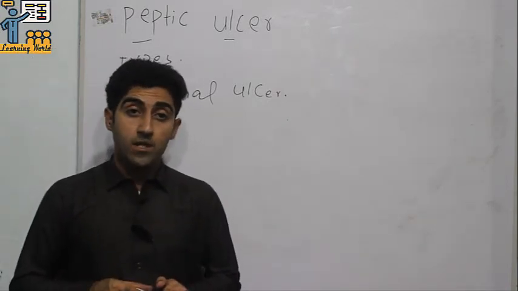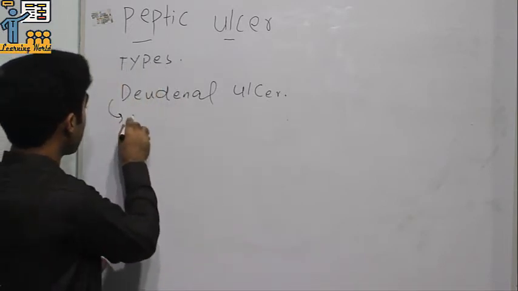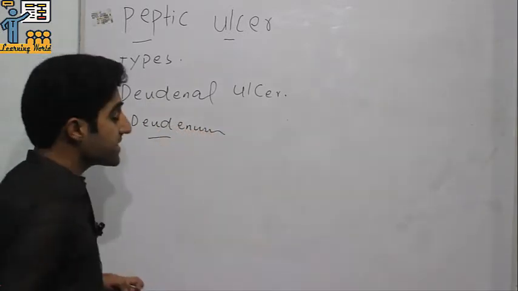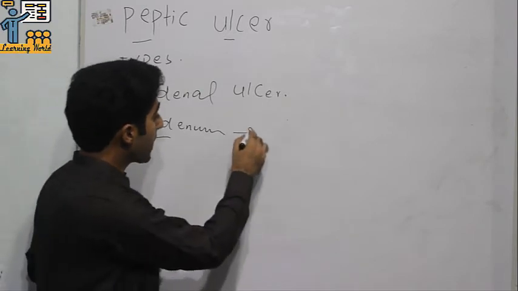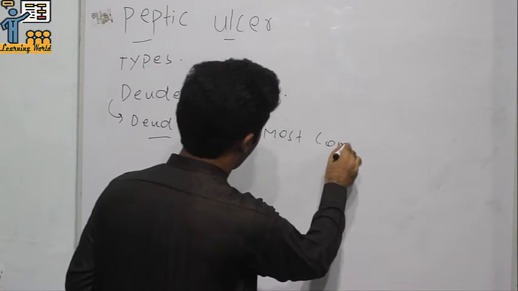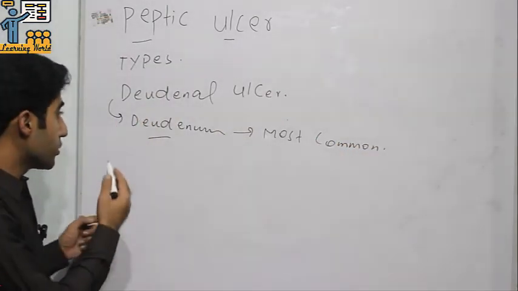The duodenum is the first segment of the small intestine, which starts after the stomach. So if the ulcer occurs in the duodenum, the first segment of the small intestine, it is called duodenal ulcer, where a lesion forms in the duodenum. It is the most common type of ulcer, duodenal ulcer.